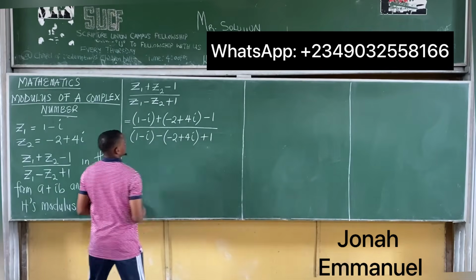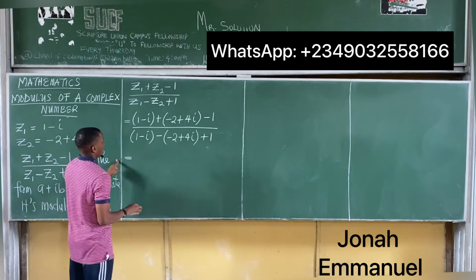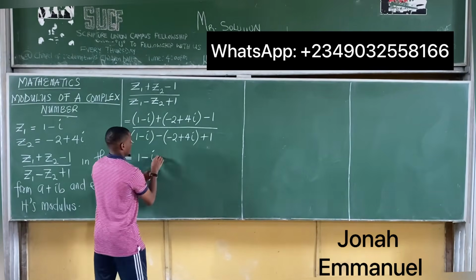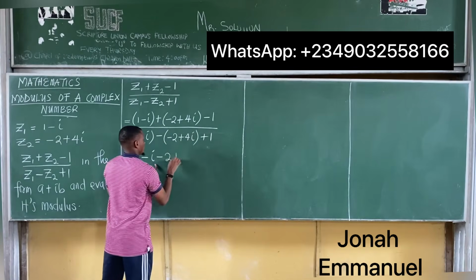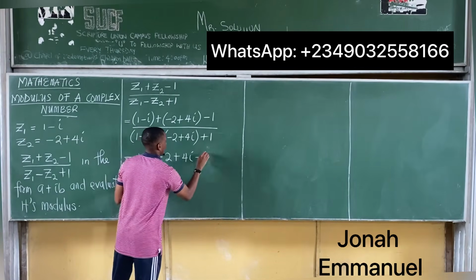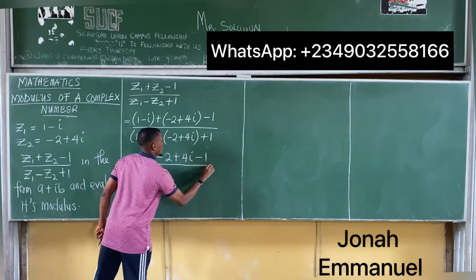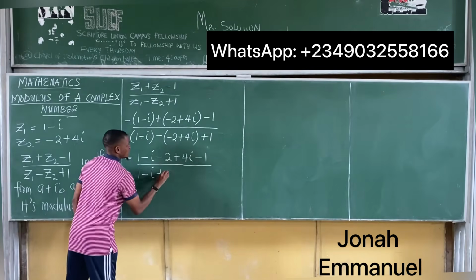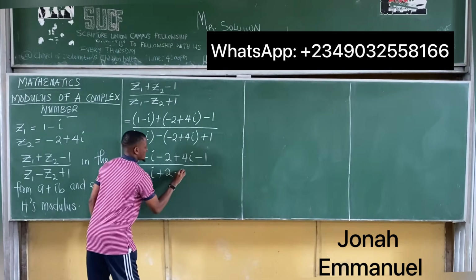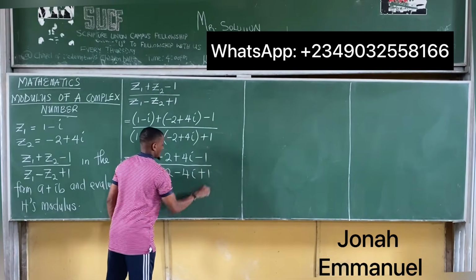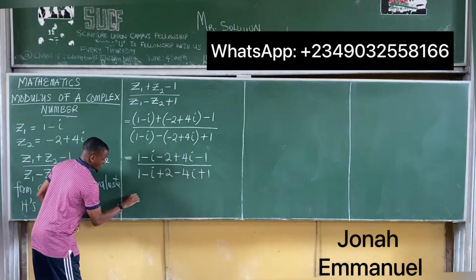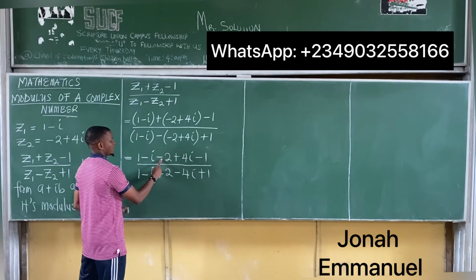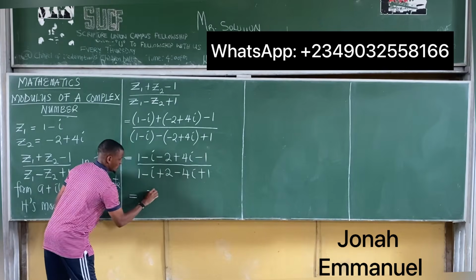I have this, so let's evaluate it. What do we get? Taking off the brackets, I have 1 minus i, plus minus is minus 2, plus plus is plus 4i, finally minus 1, all over 1 minus i, minus minus is plus 2, minus plus is minus 4i, then plus 1. Working on this, take out the real parts: 1 minus 2 minus 1 gives you minus 2.